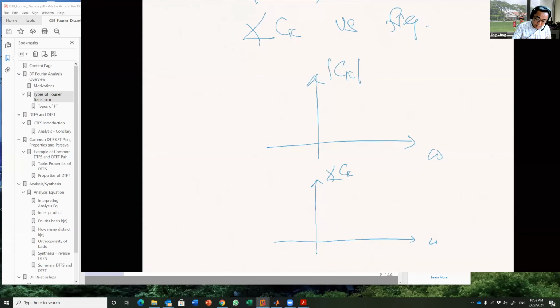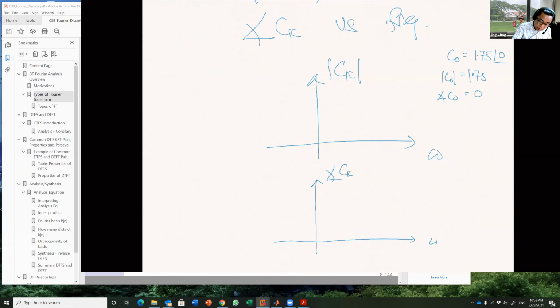The first, C0, is 1.75 angle 0. So the magnitude of C0 is 1.75. The angle of C0 is equal to 0.